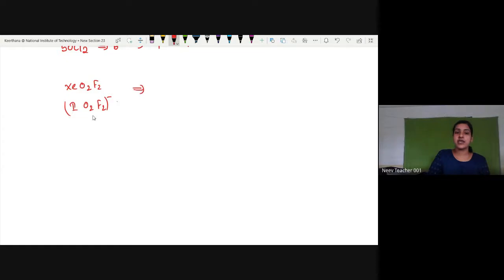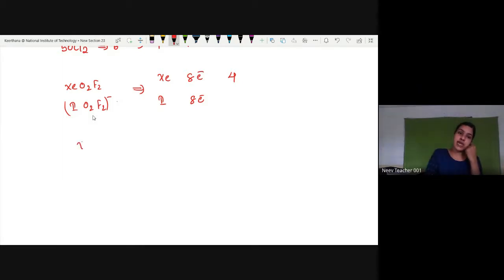If you are taking Xe or if you are taking I, both have 8 electrons, because in this there is a negative charge. And if you are counting the bond pairs, it is 4. Then you have to count the electrons. 2 bonds are formed with fluorine atoms, which are single bonds, and 2 bonds are formed with oxygen atoms, which are double bonds.